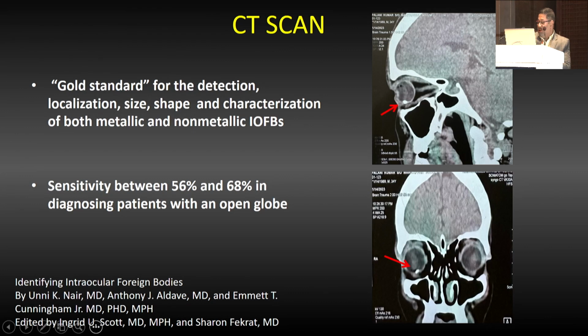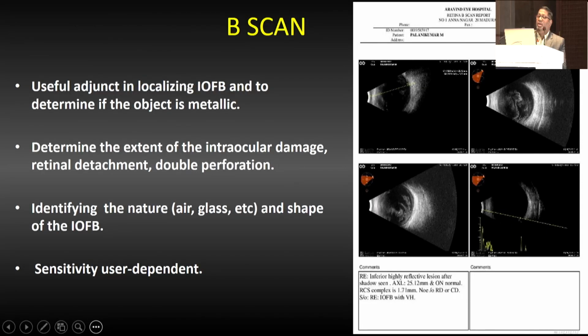Simultaneously, we need to go for a CT scan, which is the gold standard, because it helps to localize and detect the foreign body, and also characterize whether it is metallic or non-metallic. However, the sensitivity ranges from 50 to 70%. It will also give an assessment of the posterior segment and the degree of damage.